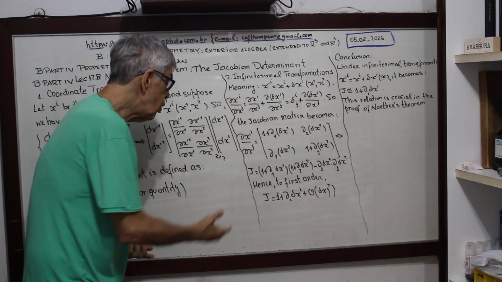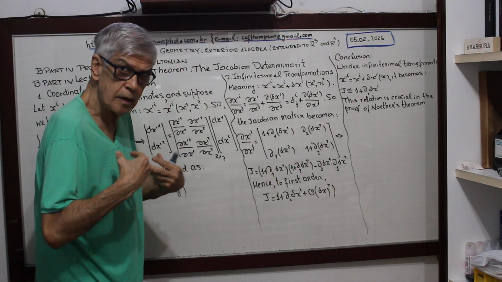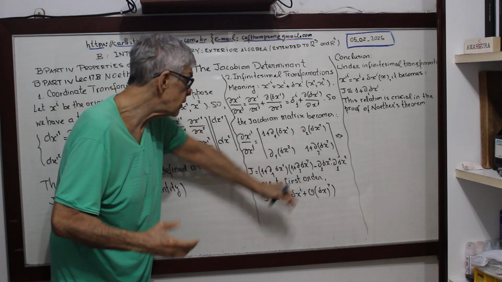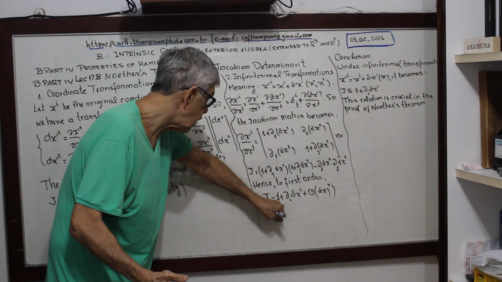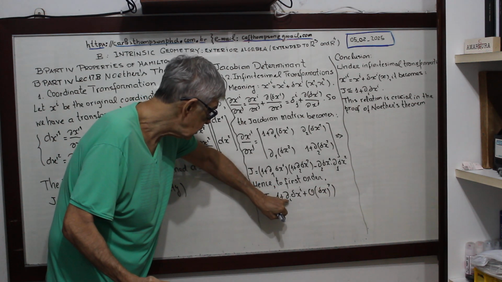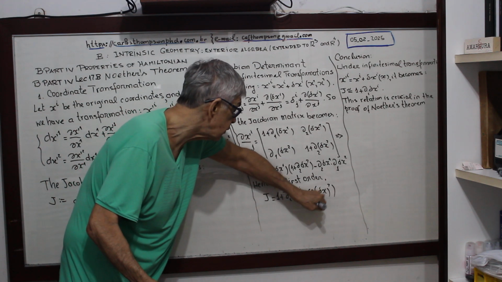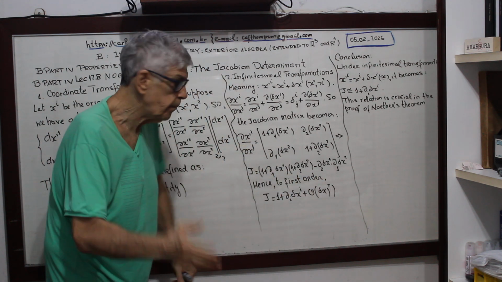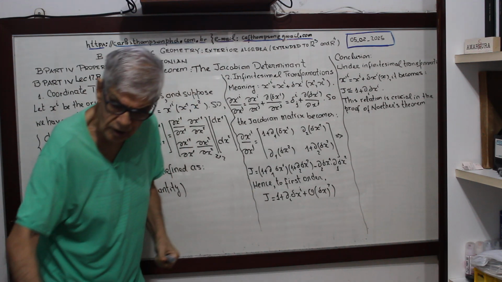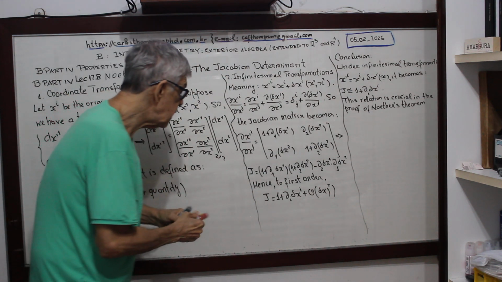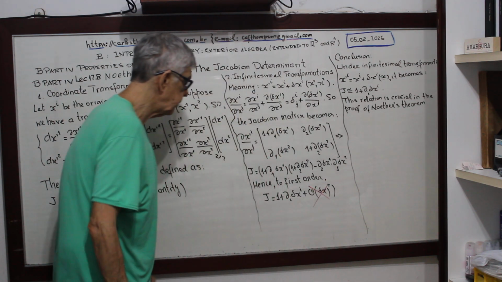Now, if you expand this, you just keep the first order terms, then this will lead to J equal to 1 plus the partial of delta x_i with respect to x_i plus order of delta x squared. For the first order, you are just approximating, ignoring this term over here.